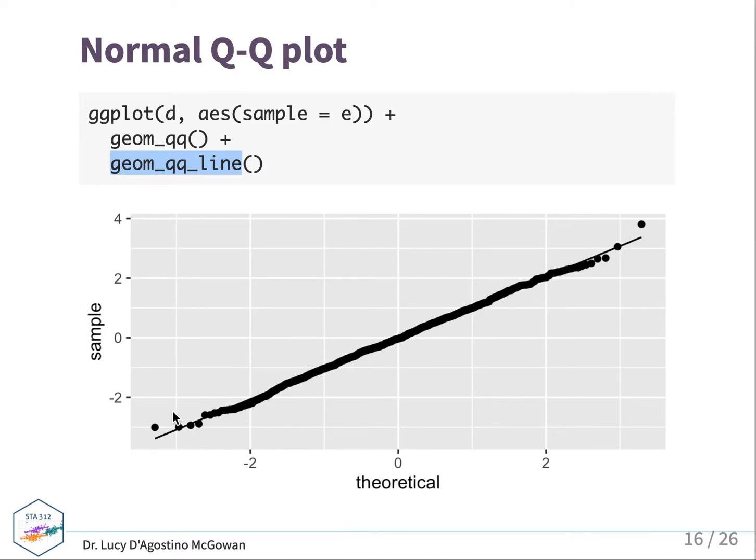In the tails, there's a little bit of a deviation, and that's really just by random chance. But we know these points are truly randomly normally distributed because we generated them to be normally distributed. And so we would expect to see exactly this, where they follow the line. So this is a very, very good QQ plot.